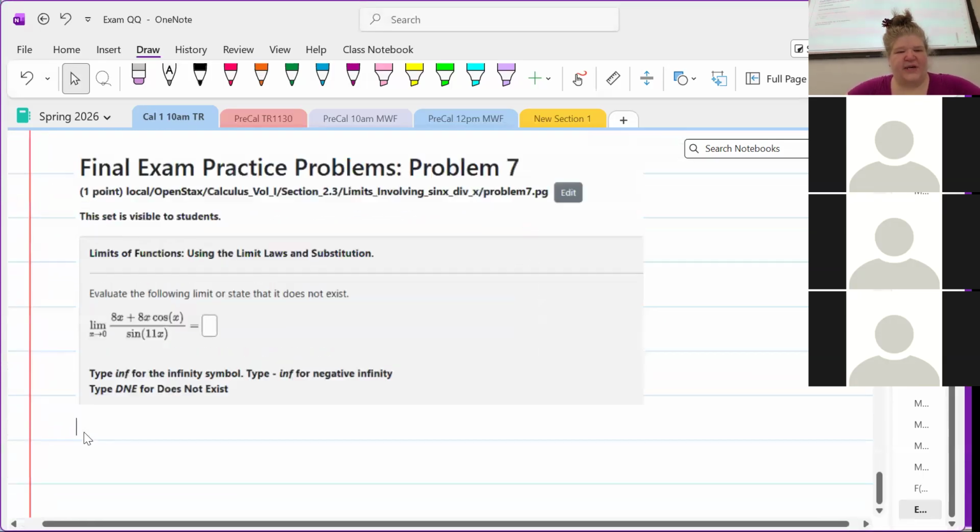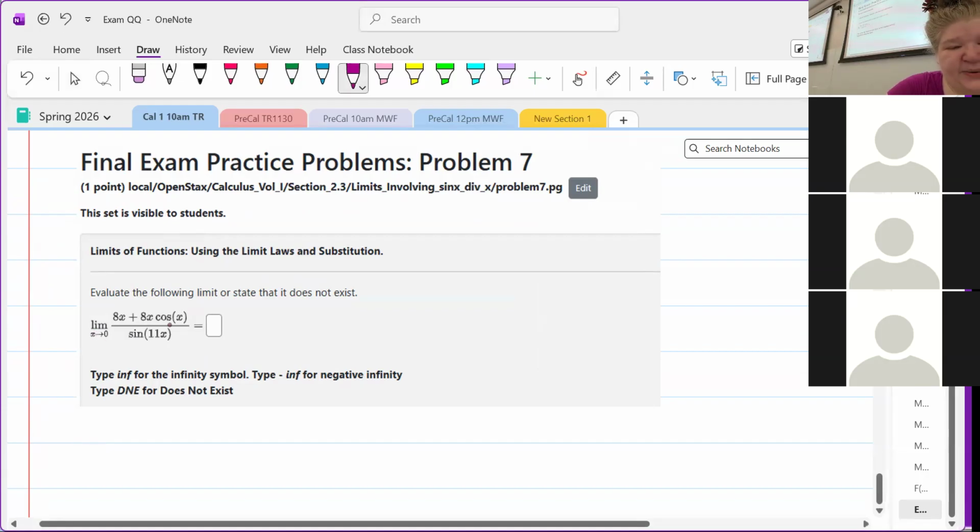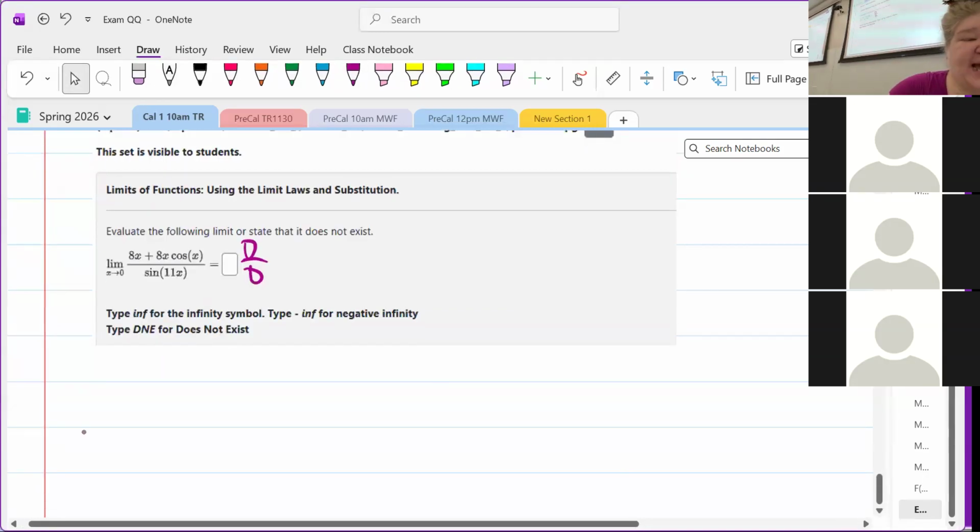Like our other one here is actually kind of similar to the last one on exam 3, except the fraction already got, it's not 2 separate fractions. But when I plug in 0 into all this, I get 0 over 0. So it's right away L'Hopital, but I'm going to have a product rule using L'Hopital on this.